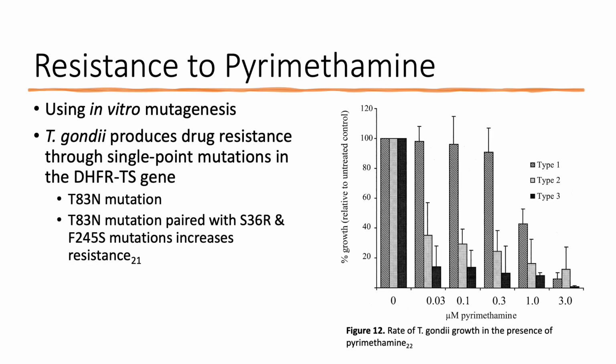Resistance to pyrimethamine in Toxoplasma gondii is going to use in vitro mutagenesis. So T. gondii achieves this resistance through a series of single point mutations, specifically in the DHFR-TS gene on their genome.